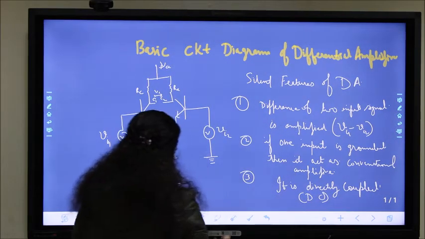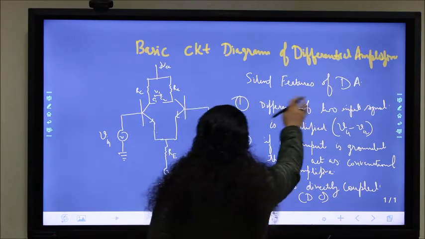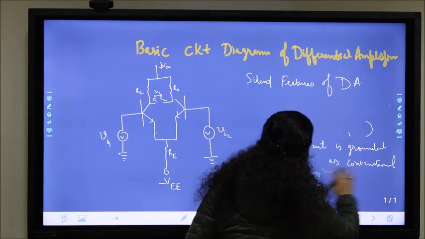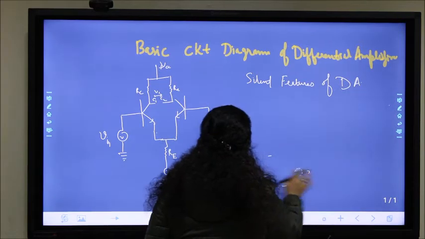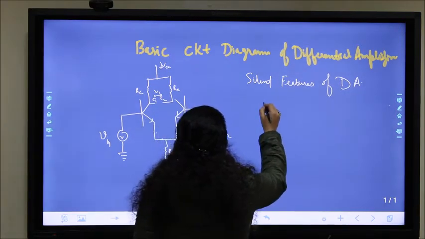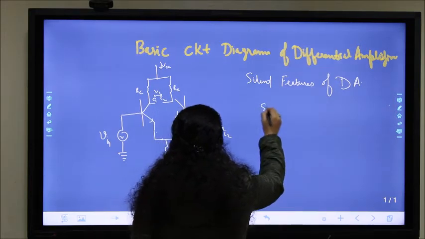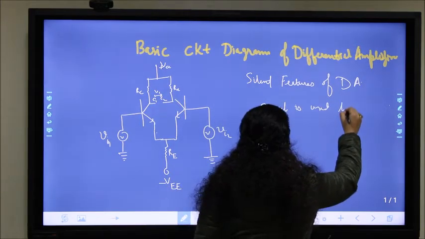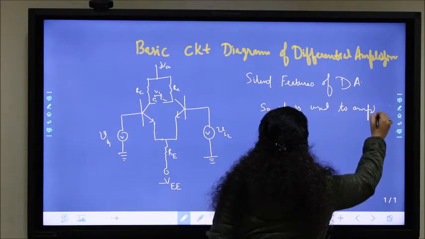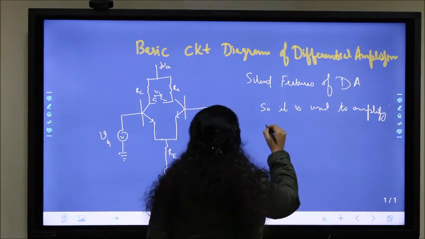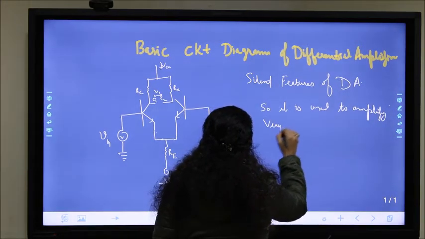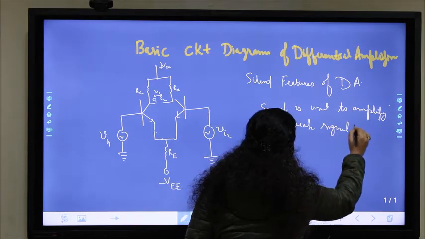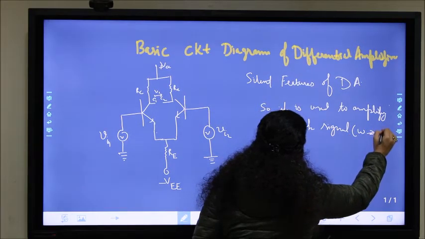So it is used to amplify very weak signals having frequency approaching 0.